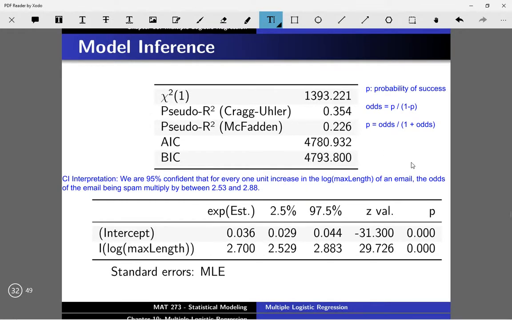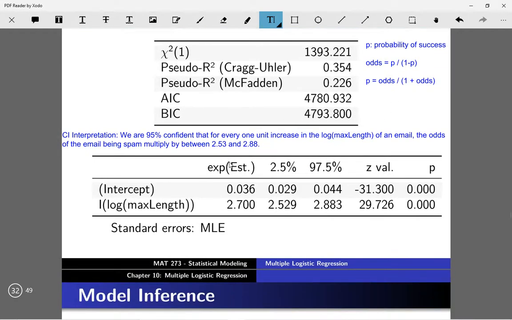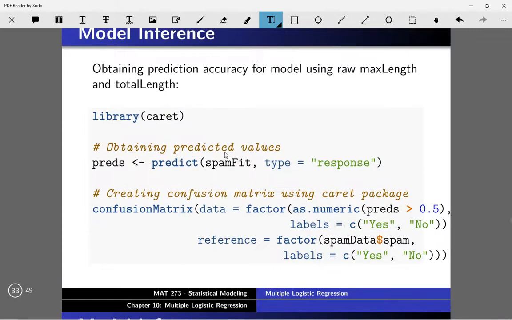So we can't just substitute probability instead of odds in this interpretation because that's not exactly true. So anyway, these equations and relationships are important to think about and keep in mind when doing these interpretations here. Okay.